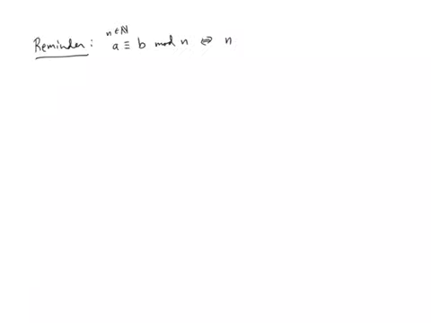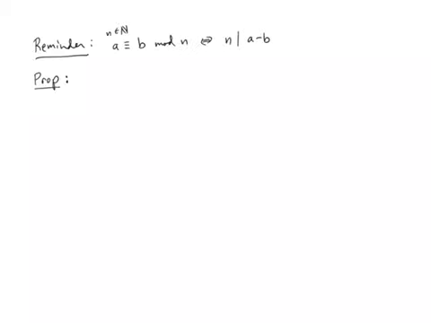N divides A minus B. Okay, so here's a proposition. So what we'll prove is that the relation equivalent mod n is a reflexive, symmetric, and transitive relation.